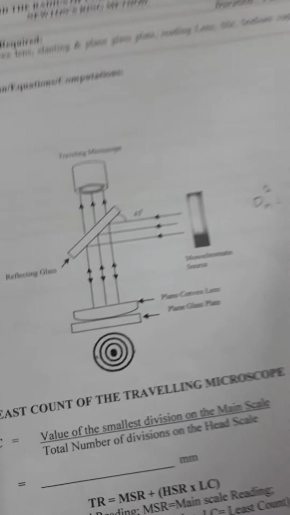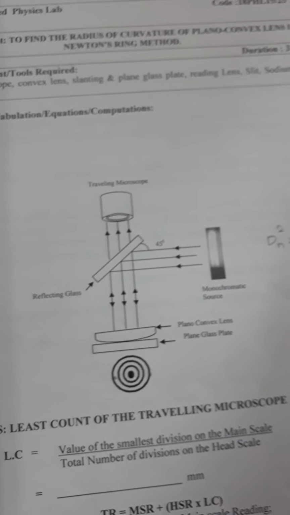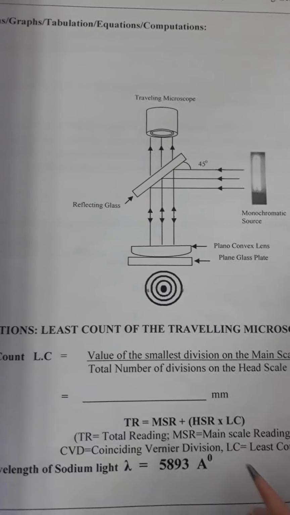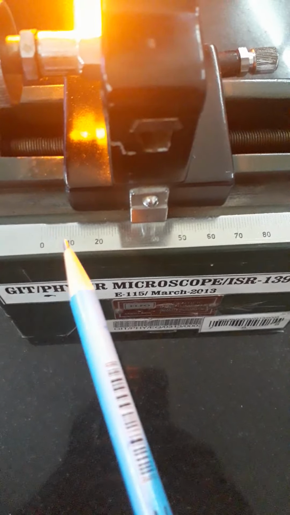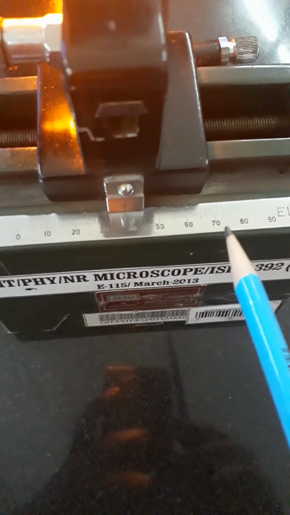To measure the diameter, we are going to use this vernier scale on a traveling microscope. This is known as the main scale, and the smallest division on this scale is 1 mm.